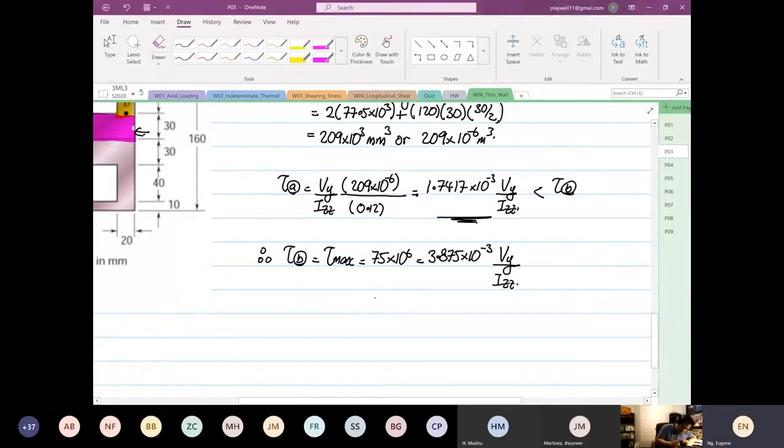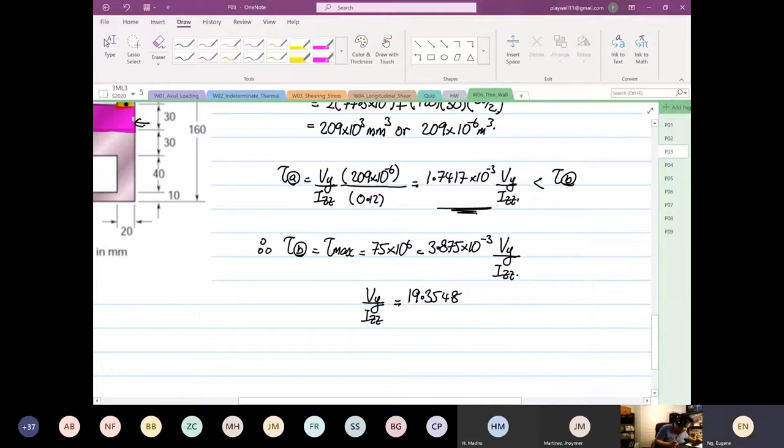So you find the relationship where Vy over Izz is equal to 75 power 6 divided by 3.875 power minus 3, which is 19.3548 times 10 to the power 9. Unit is Newton per meter 4.